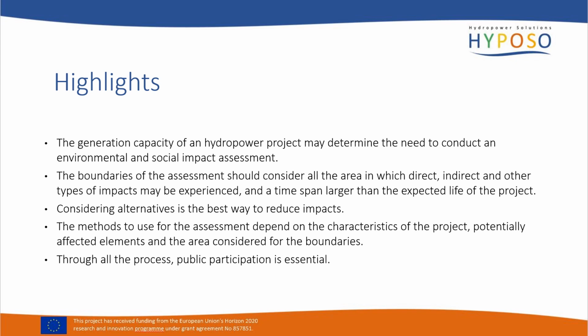Any project might be very complex. Therefore, the methods to use will depend on the characteristics of the project, all the potentially affected natural and social elements, and the area that is expected to be affected.